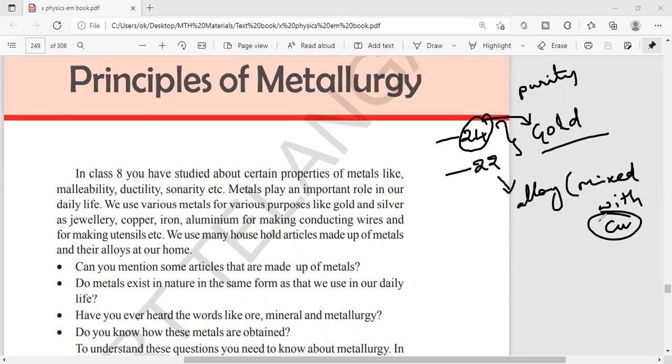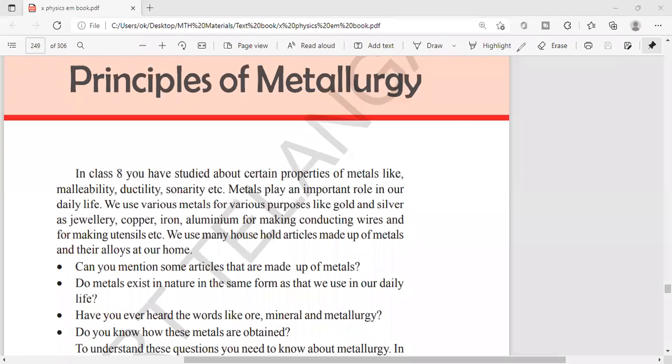So these types of differences are there, and we are learning these in this chapter.